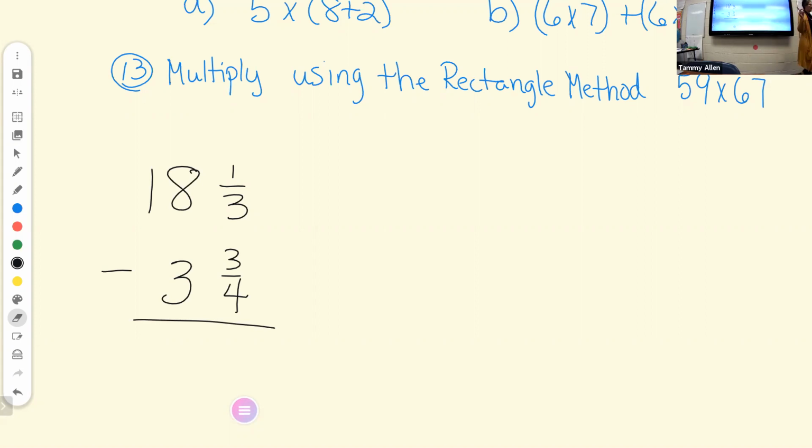Because if you can do this, you can do any kind of adding and subtracting with fractions and mixed numbers. Does that make sense? This is like the hardest one. So this combines everything. Okay?